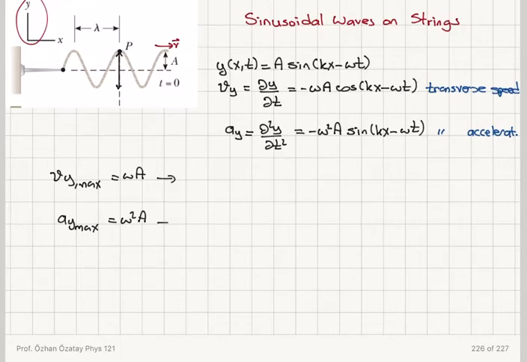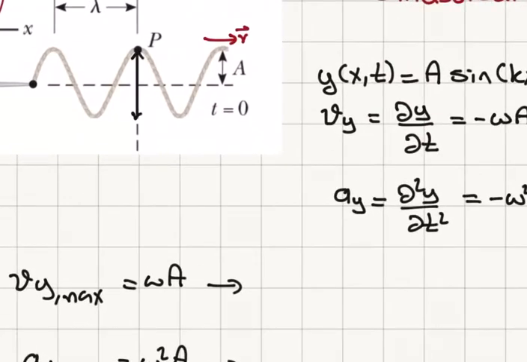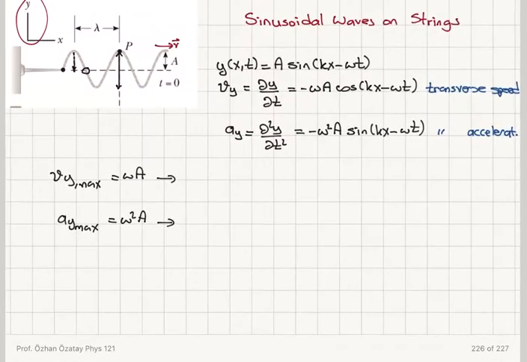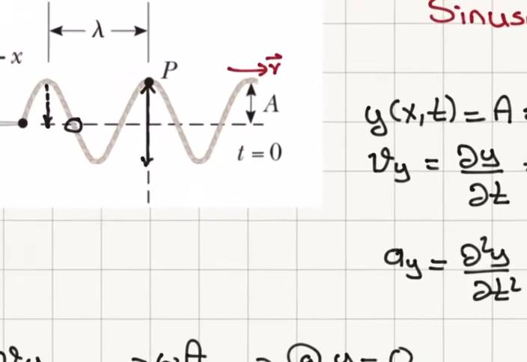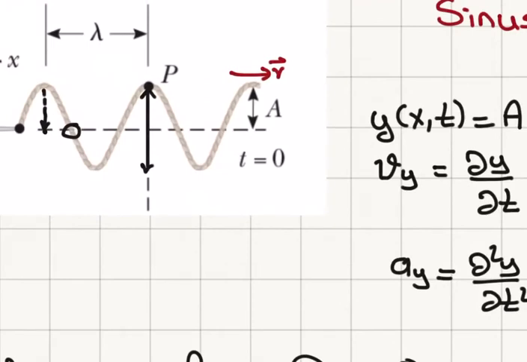And I would like to note here that the maximum speed will occur when this wave element goes back to its equilibrium position. So this string element has the maximum speed. So this happens at y is equal to 0. And the maximum acceleration happens, on the other hand, at the maximum points. So I see the tension on the string being applied here.